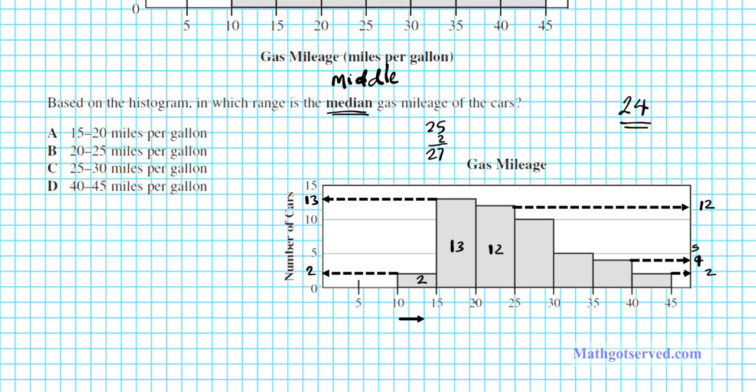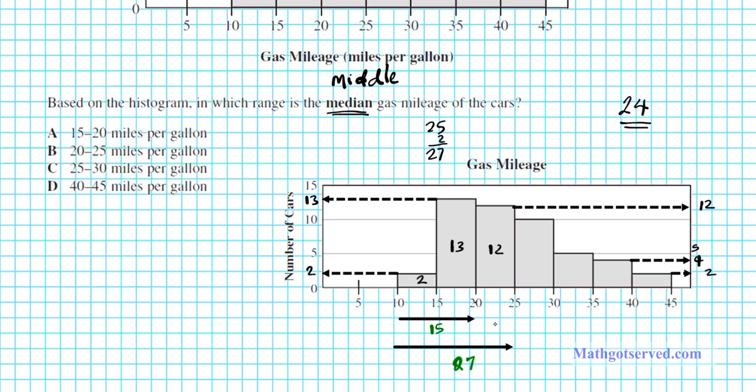If we accumulate from 10 to 20, the total number of cars there is 2 plus 13, which is 15. That's too small. When we accumulate from 10 all the way to 25, we have 2 plus 13 plus 12. That's 25. No, 27. Okay? 2 plus 13 plus 12 is 27.